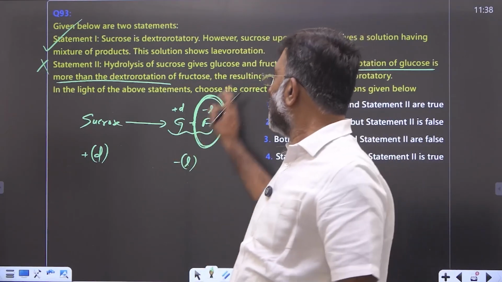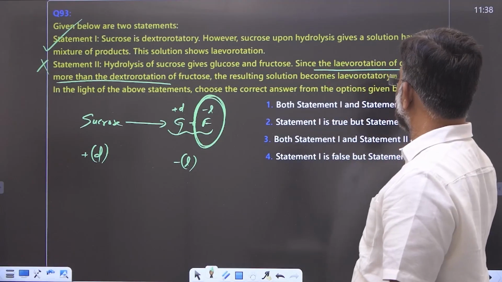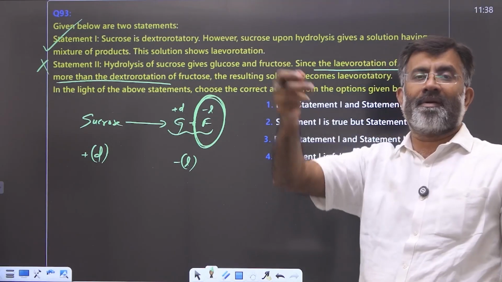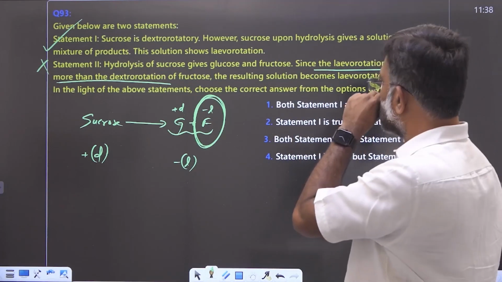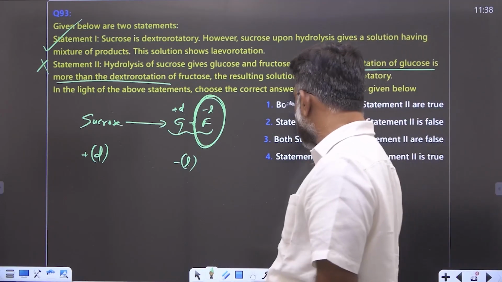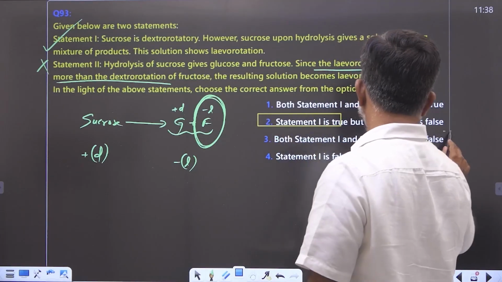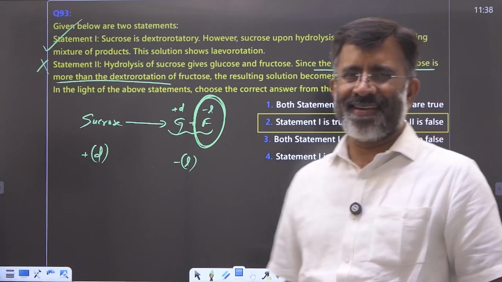The opposite statement is correct. This is wrong: the levorotation of fructose is more. Therefore, the product is levorotatory. So the second statement is wrong. The answer is: first true, second false. Option 2 is the correct answer.